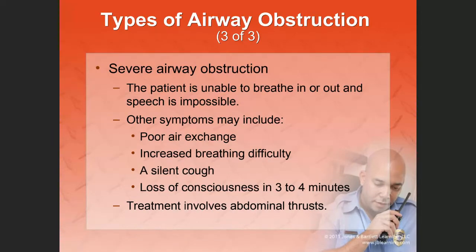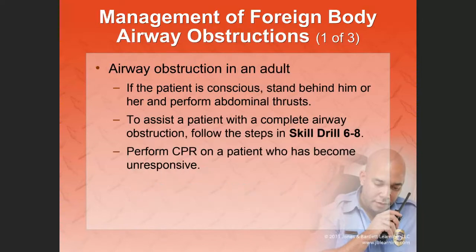Other symptoms may include poor air exchange, increased breathing difficulty, a silent cough, and loss of consciousness in 3 to 4 minutes. Treatment involves abdominal thrusts, and this is going to be based on your BLS guidelines or protocols.